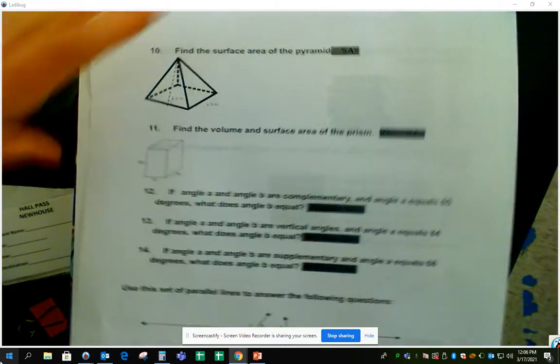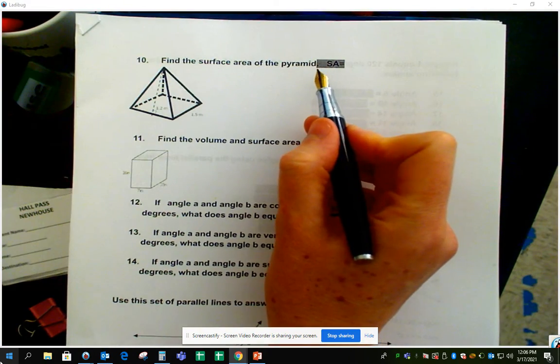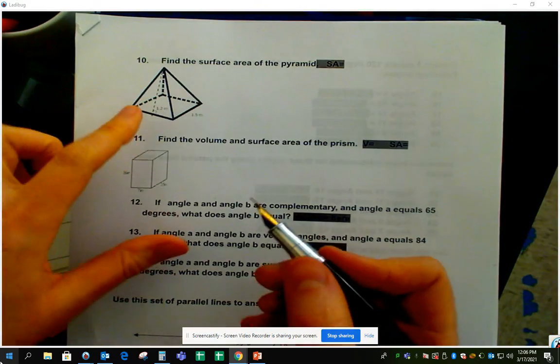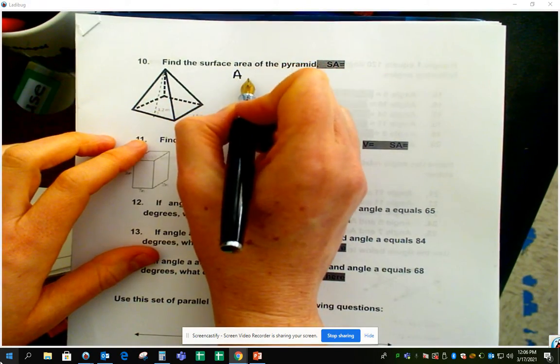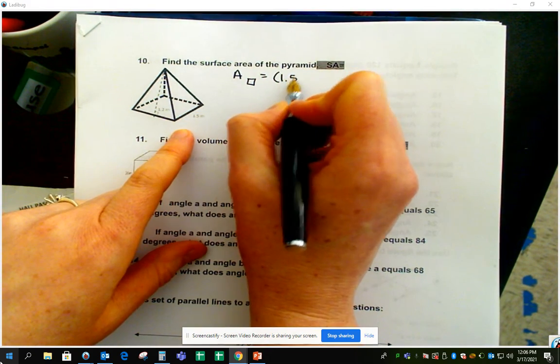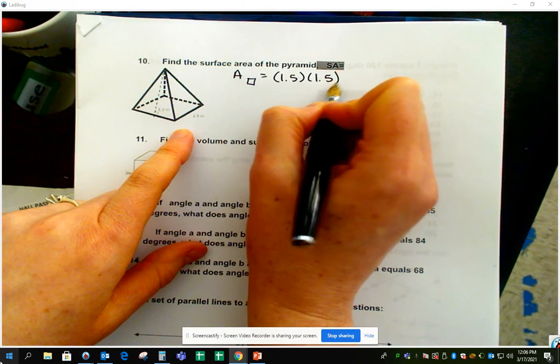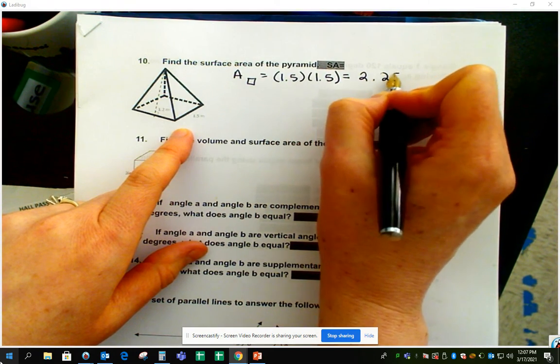We are going to do this guy now. Okay, we are finding the surface area of this one. So remember the area of the square base. It looks like it's 1.5 times 1.5, which is 2.25.